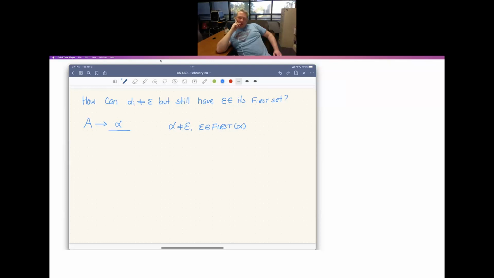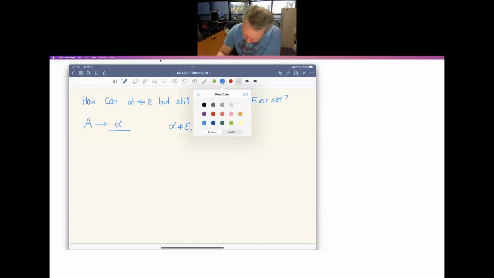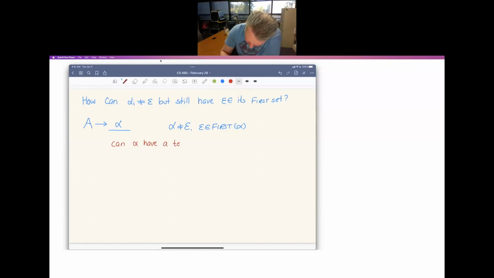No, so think about it. What can I put? Can I put anything with a terminal in? So I can ask here, can alpha have a terminal and also epsilon in its first set?